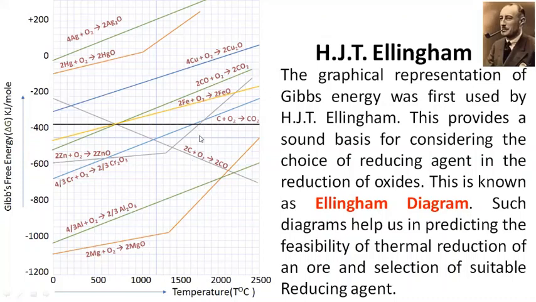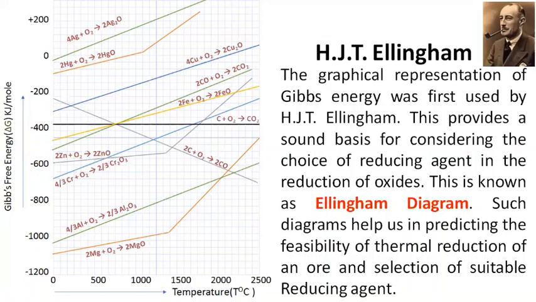Except these two lines, all the other lines are sloping upwards, to say that as the temperature increases, delta G value also increases. But as the delta G value is increasing, the stability of all these metal oxides is decreasing. This is what we are learning from the graph, so called Ellingham diagrams. Ellingham diagram is mainly for identifying or selecting the suitable reducing agent for a particular metal oxide.